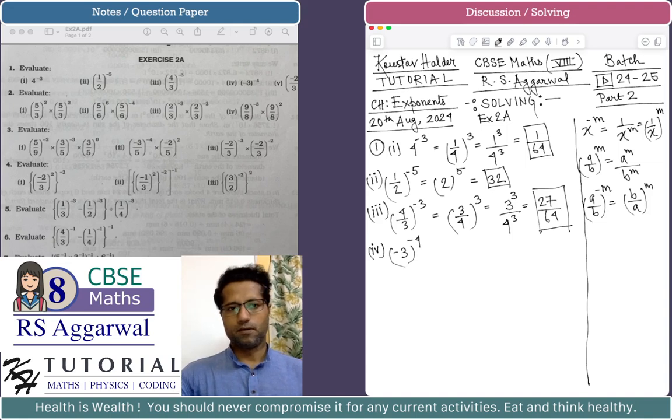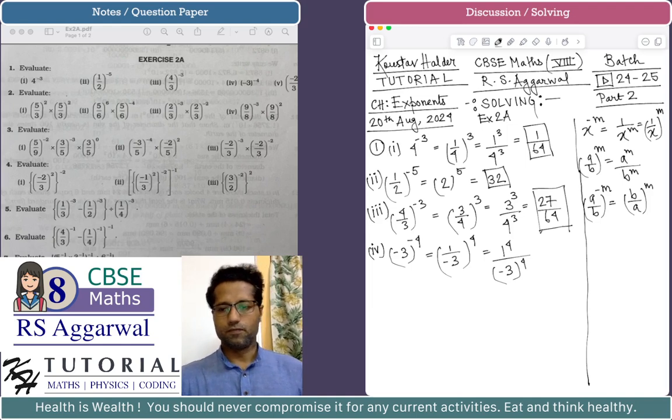So part 1, problem number 1, all the powers, that is exponent, power or index, are negative integers. So this will be equal to the reciprocal of minus 3, that is 1 by minus 3 raised to the power 4. So this is equal to 1 to the power 4 divided by minus 3 raised to the power 4.